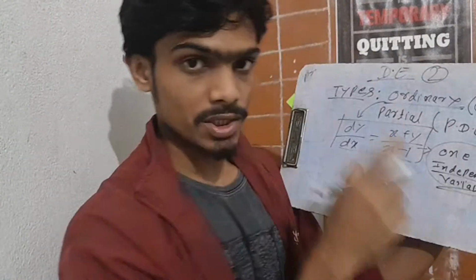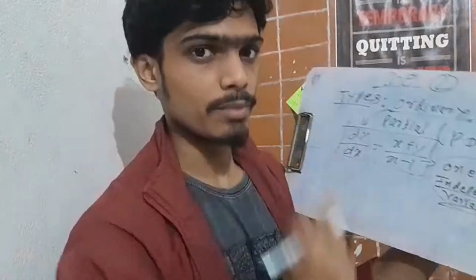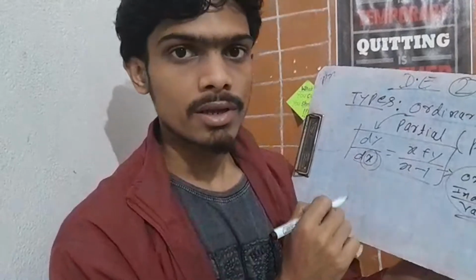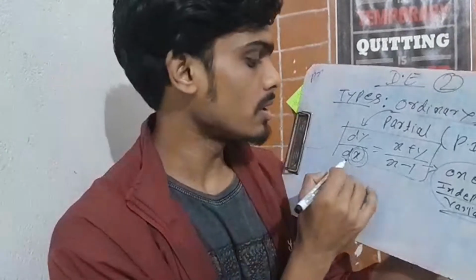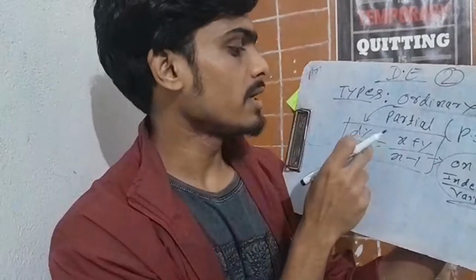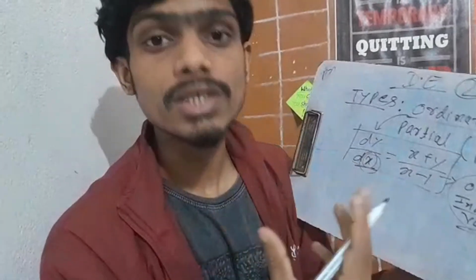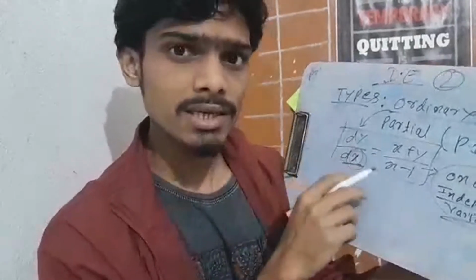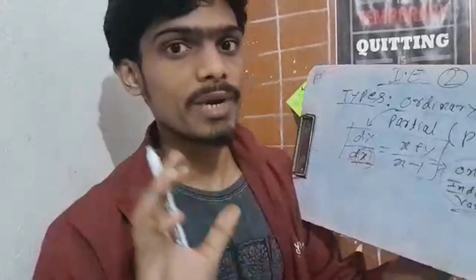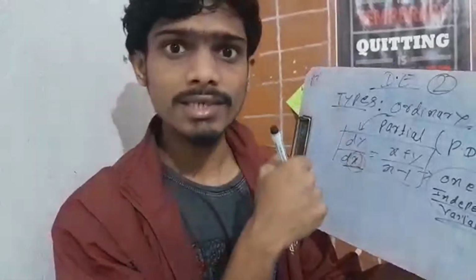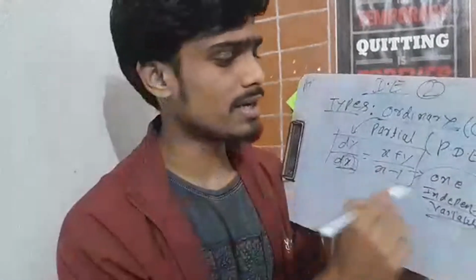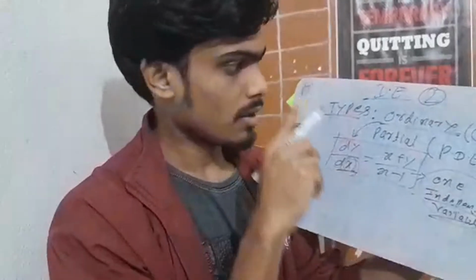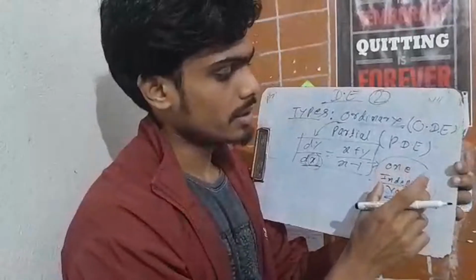Where is that independent variable? Here, because everything depends on this variable. We are finding differentiation with respect to x, so everything is with respect to x, which means x is the independent variable. So ordinary contains only one independent variable.